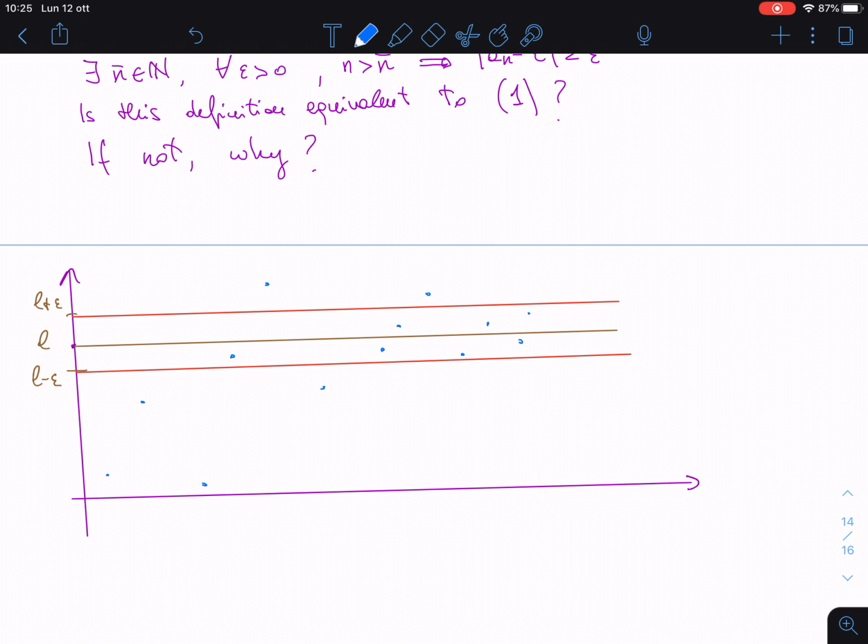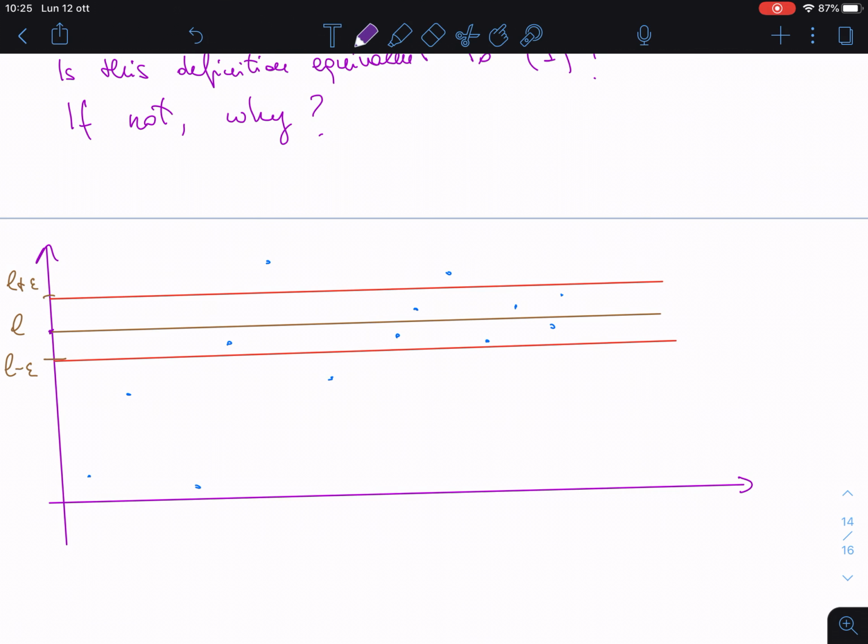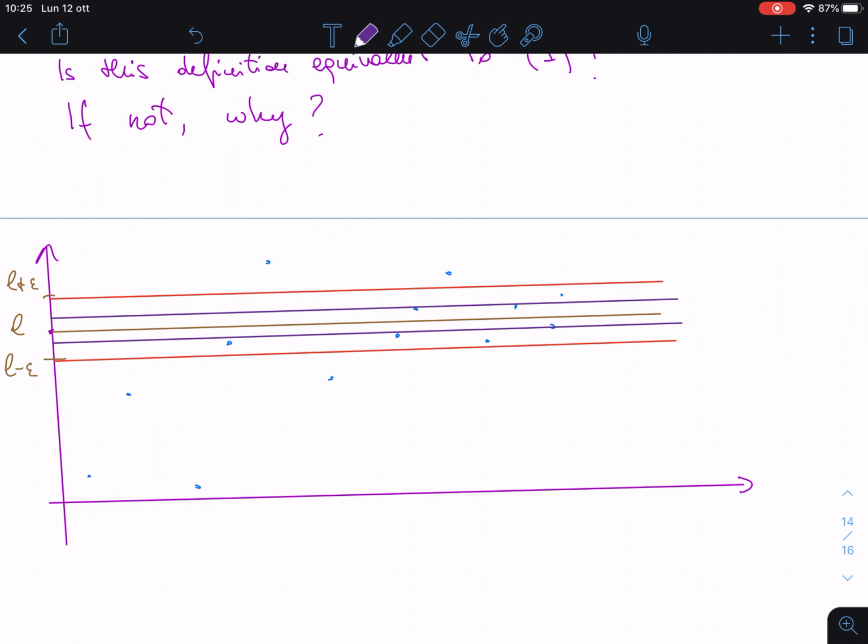Okay? And of course you can choose a thinner stripe, for instance this one, so a new epsilon which is smaller than the previous one, and again sooner or later the sequence enters the stripe and never gets out. Of course, since the new epsilon of the blue stripe is smaller than the previous epsilon of the red stripe, the n bar will be larger.